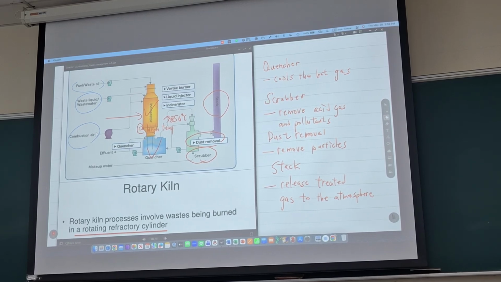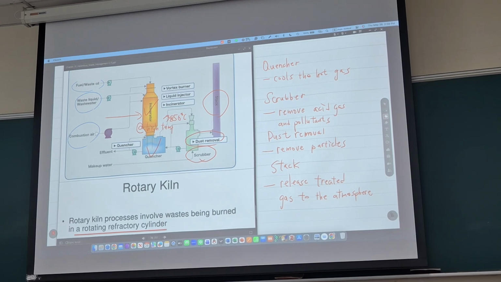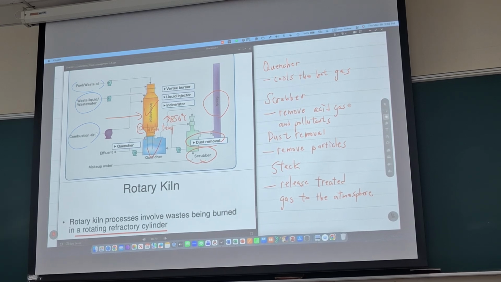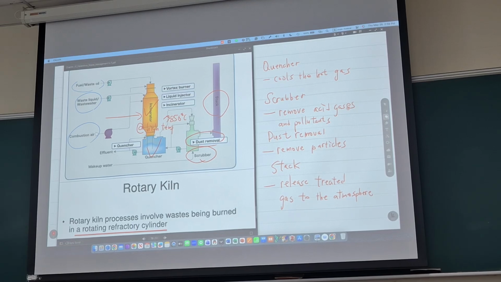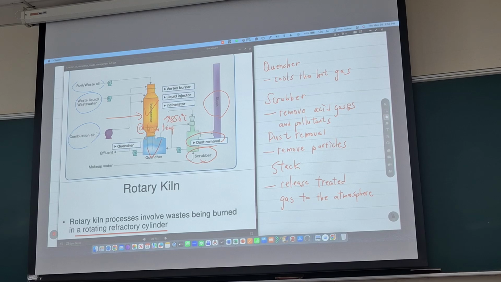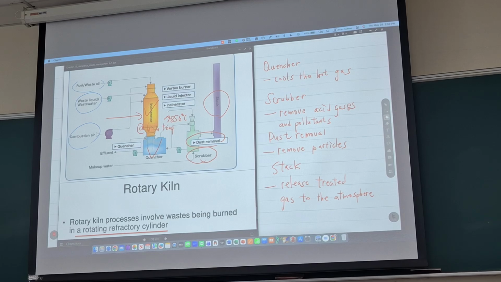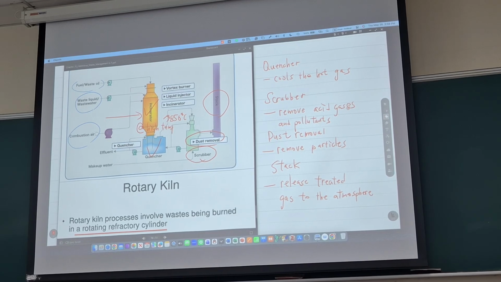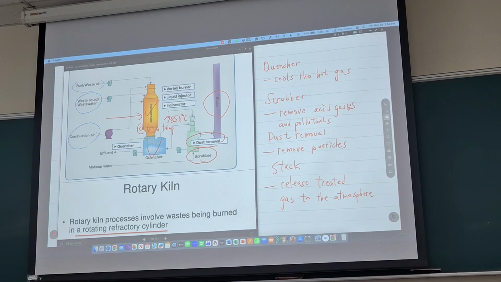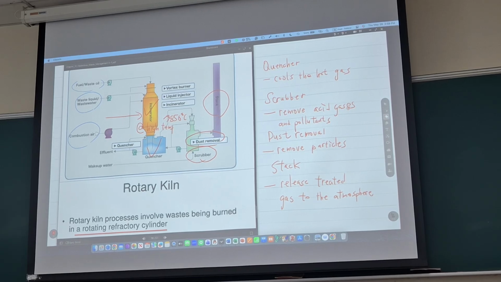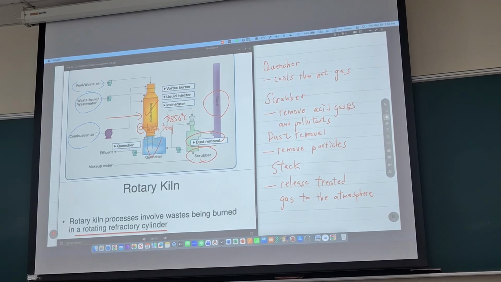The scrubber is used to remove the acid gases and pollutants. After burning, it will generate some dust particles, right? So dust removal tries to remove the particles as much as possible. After that, the stack is used to release the treated gas into the atmosphere.